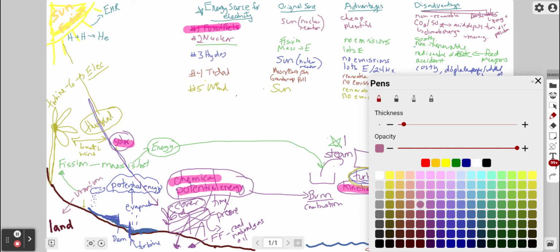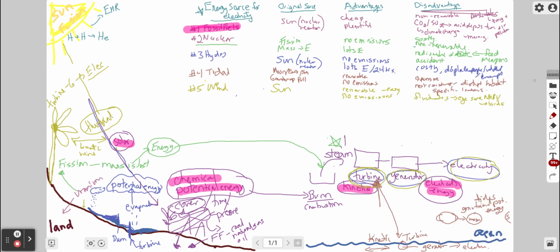Let's go here. Okay, the next one we're going to look at is using solar photovoltaic cells. Sorry, they're photovoltaic cells for solar. Alrighty, I'm going to have to stick my solar panel up here and catch the sun. Here's my solar panel.